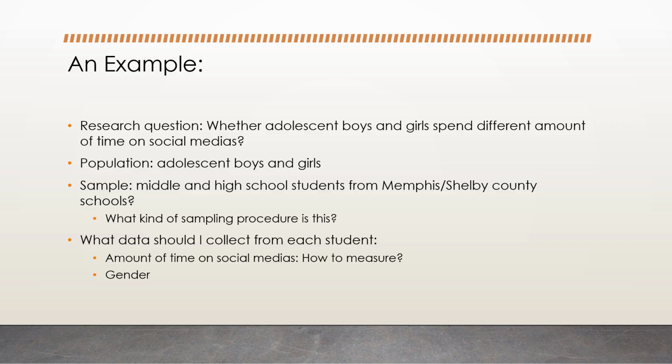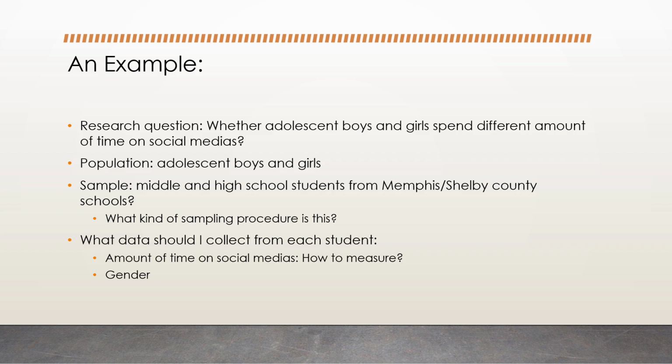Once I gain access to my study sample, I can use instruments to collect data and then enter the data into my computer. Based on my research question, the two pieces of information I need are the amount of time spent on social media and gender.